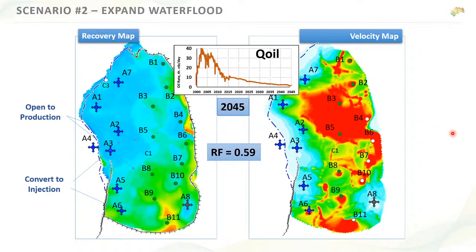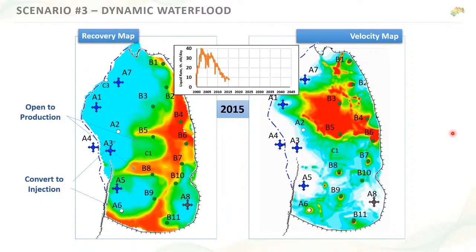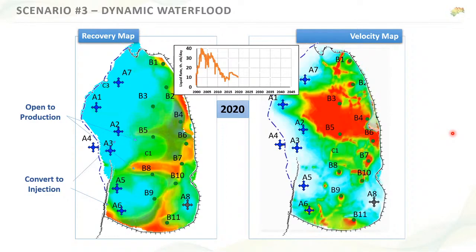So now let's see the third scenario, which is what we call a dynamic water flood, in the sense that after a few years we'll add more injectors, right? We start off in 2015, which is the same, and we convert two producers to injectors, and we reopen two producers. 2020 is similar.